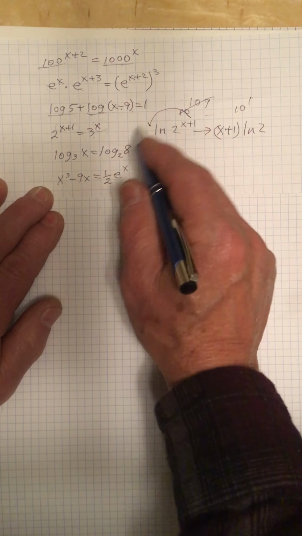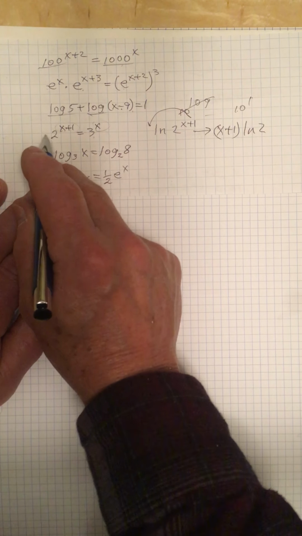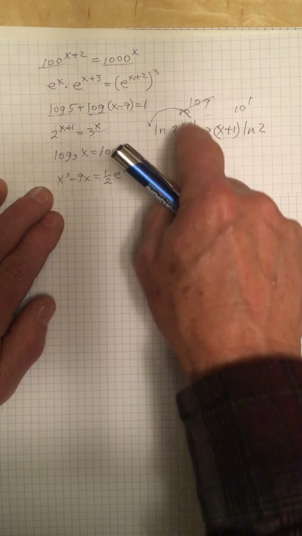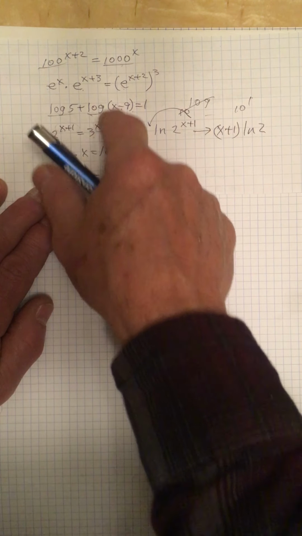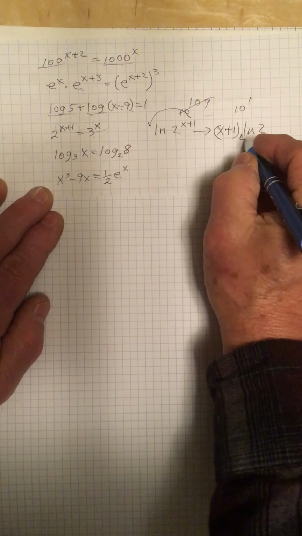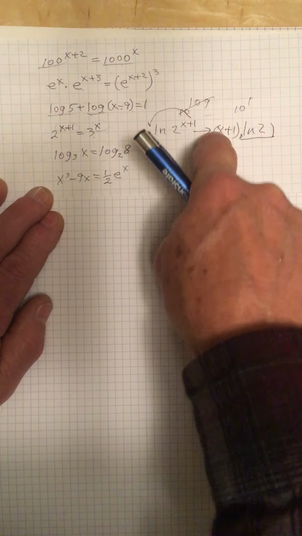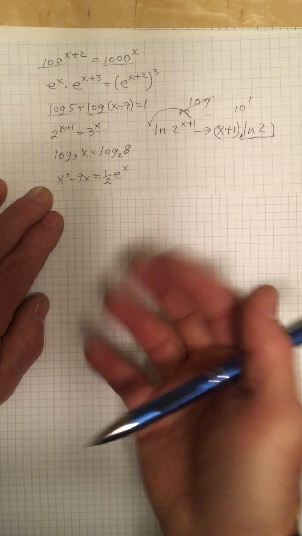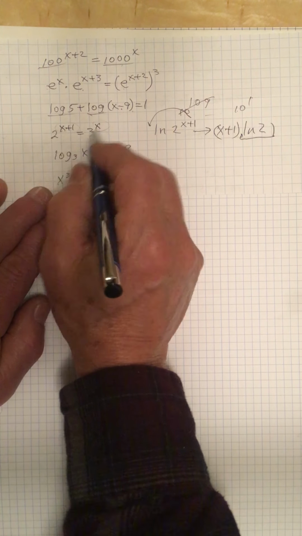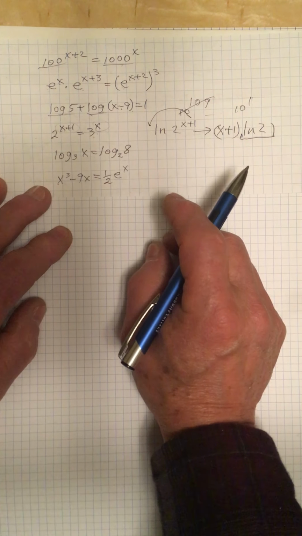And in this case, log properties. So what you can do is take the natural log of both sides, move this out, move the x out front of ln3, and then you'll have things that you can figure out on your calculator, and you'll just have numbers times x's on each side. So with something like this, you might want to take the log or natural log of both sides.